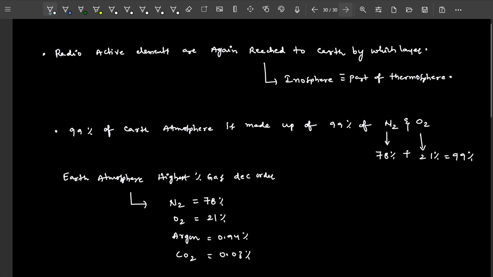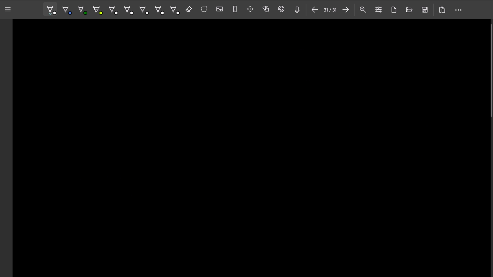Next we will see about some things about sound.